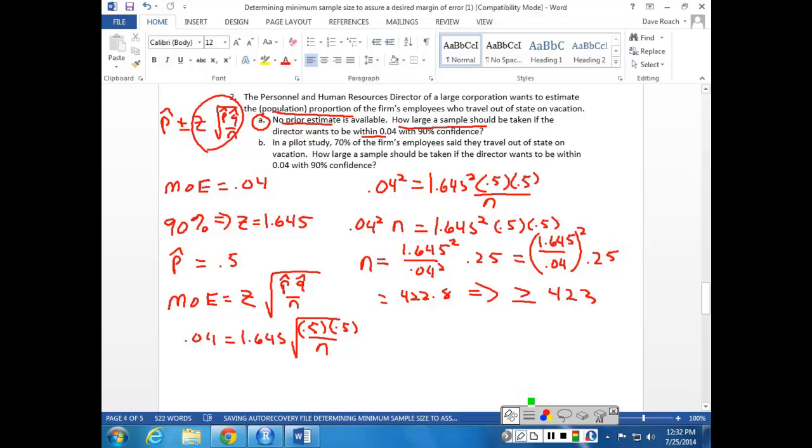So in part B, now I have a pilot study that says we have 0.7 or 70%. We still want the same margin of error and the same level of confidence. Of course, the easiest thing to do at this point is the only thing that's going to change is the p and the q.